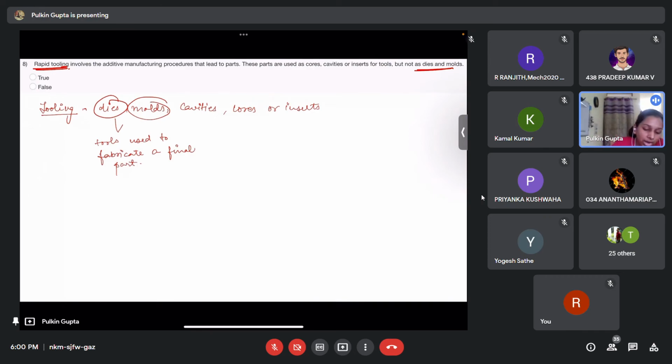So saying that the parts developed using rapid tooling cannot act as dies or molds is false. All the parts developed using rapid tooling can act as dies, molds, cores, cavities, inserts, everything.